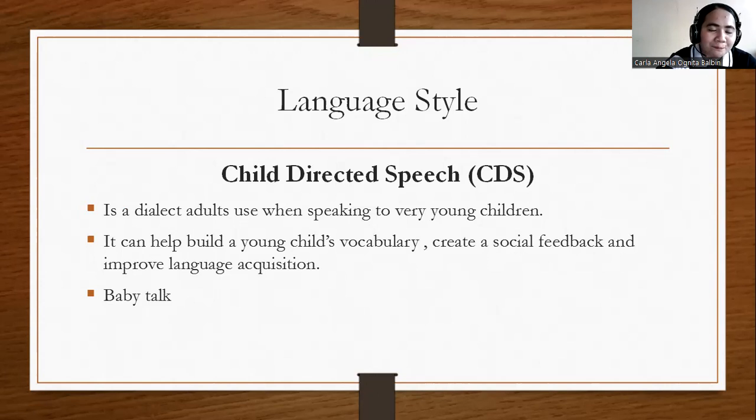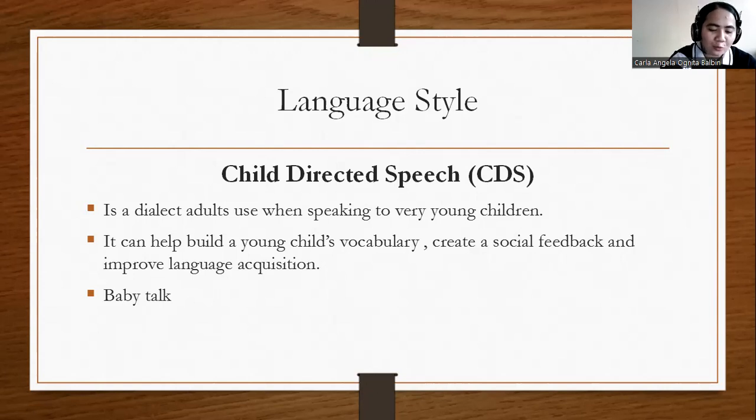For example, instead of saying, would you like a glass of water? You might say, do you want water? So the grammar and the word choice are very important to consider in communicating with your children. So that's CDS, or child-directed speech.